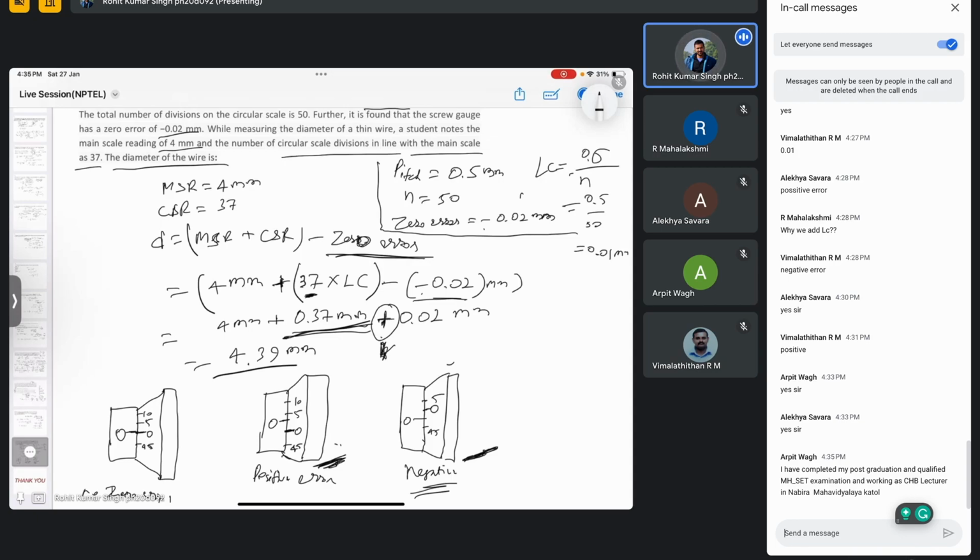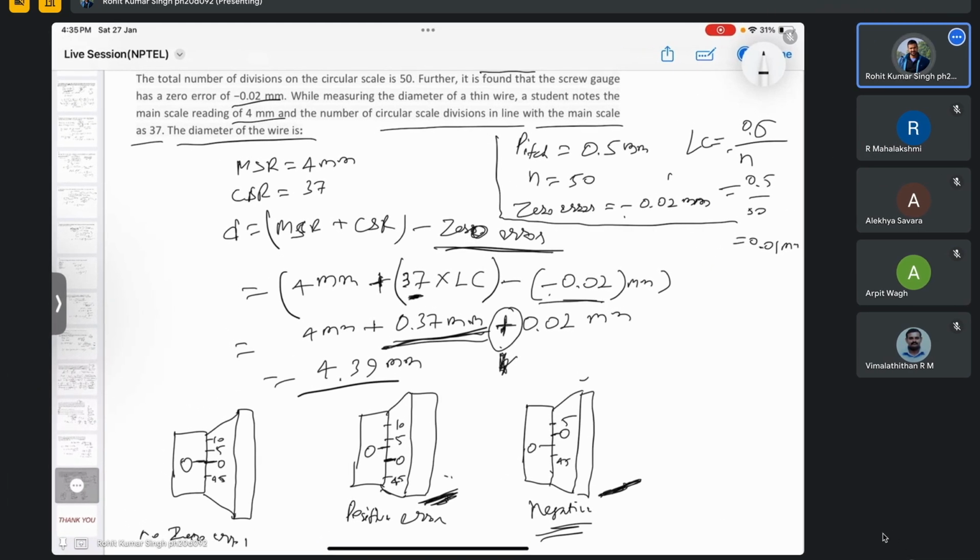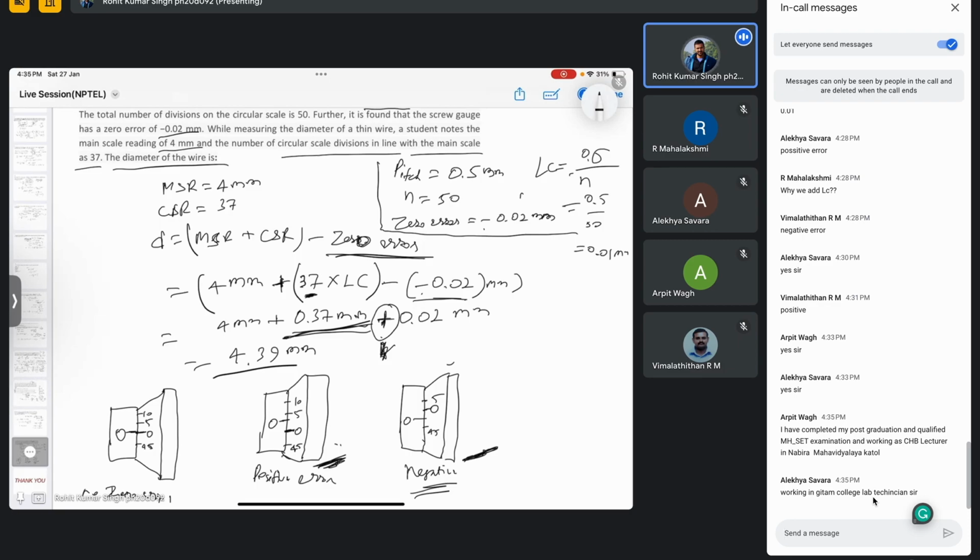Because it's a very basic course. Okay, Alekhya said he's working in Geetam College as a lab technician.